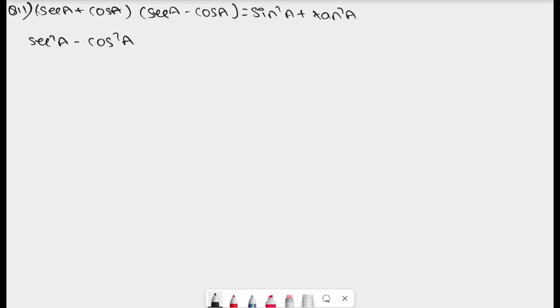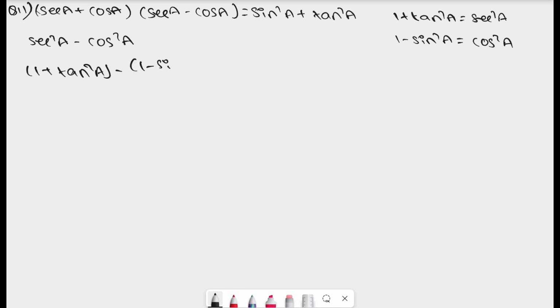Let's use the identities, and we know 1 plus tan square A is equal to secant square A, and 1 minus sin square A is equal to cos square A. Use these two identities: replace the secant square with 1 plus tan square A, and replace this cos square with 1 minus sin square A. Now simplify the terms. 1 plus tan square A and minus 1, minus of minus, plus sin square A. This plus 1 minus 1 gets cancelled.